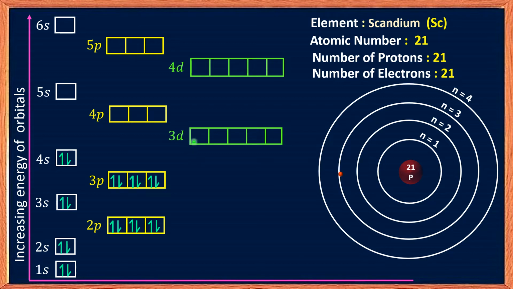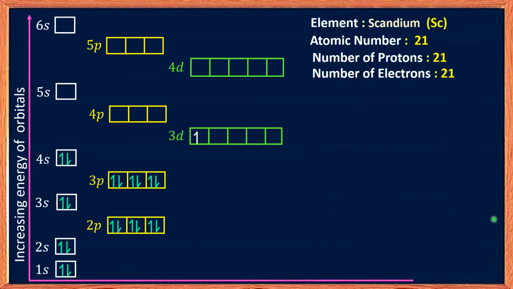There are 5 equi-energy 3d orbitals. All these 3d orbitals are singly occupied at first, then pairing will take place. So this electron will occupy one of the empty 3d orbitals.